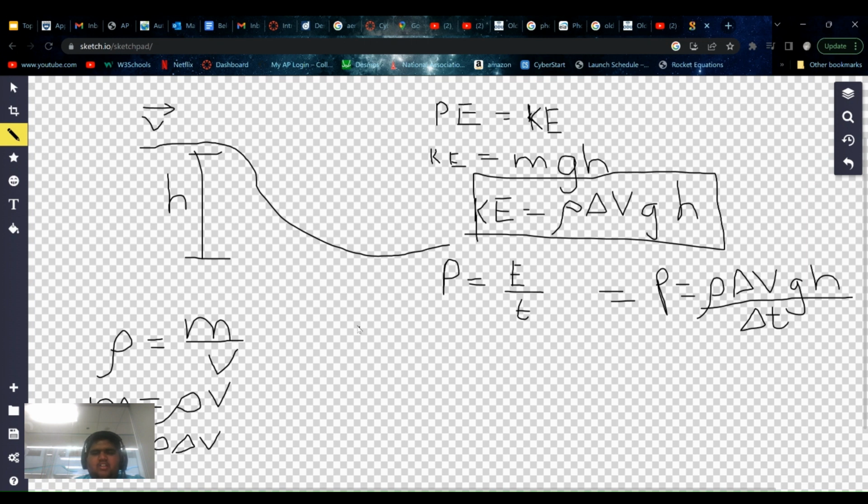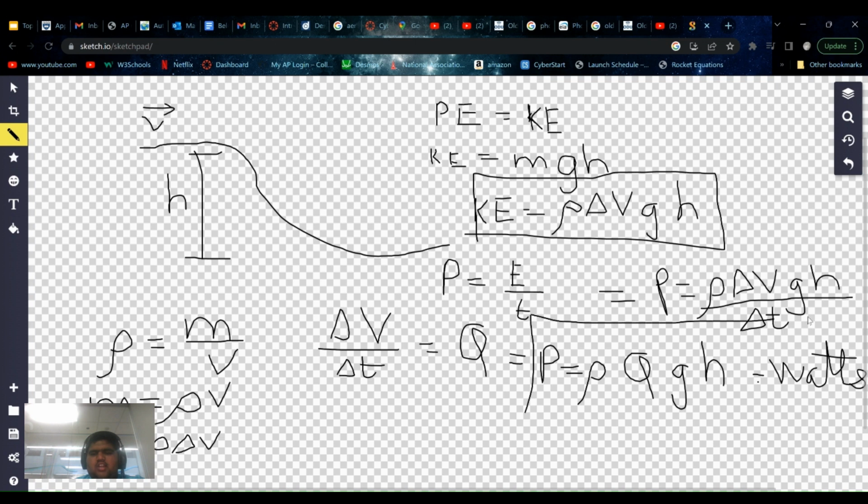However, we can actually write delta V over delta T as Q. This is how it's represented. Q is the volume flow rate, so it's the amount of volume that flows over a period of time. So finally, we get P as rho Q g h. That is measured in watts or joules per second. That's your P.